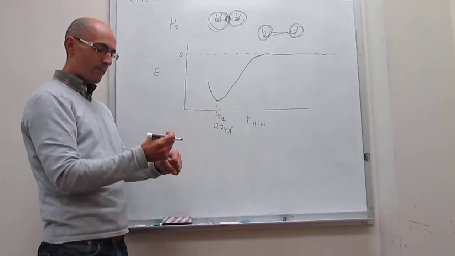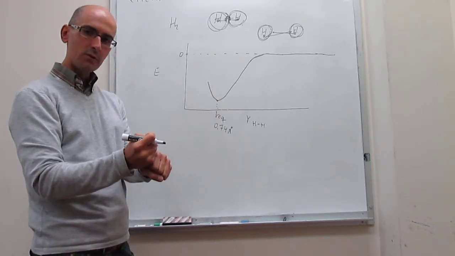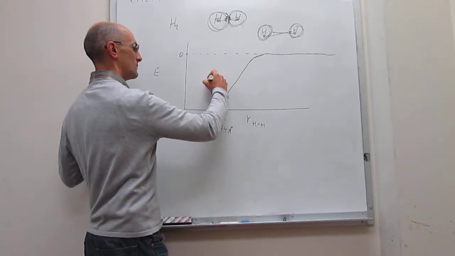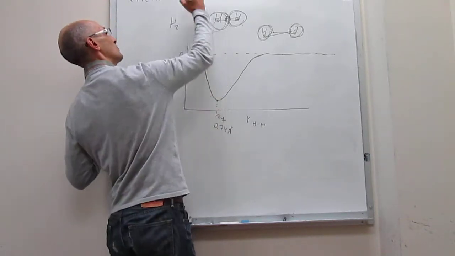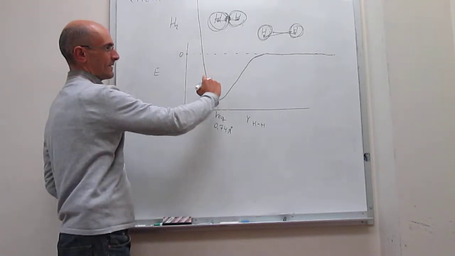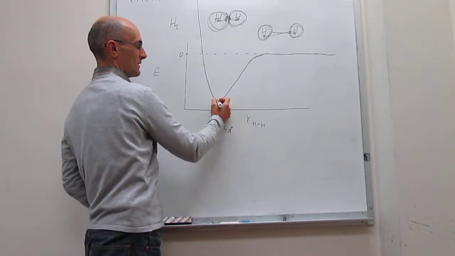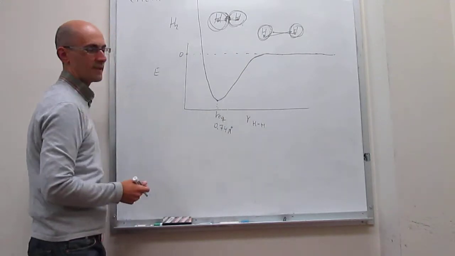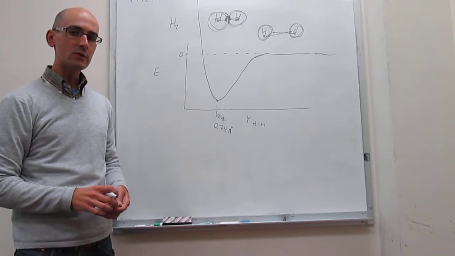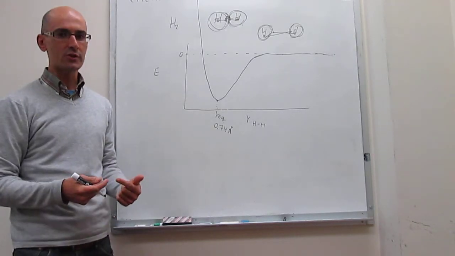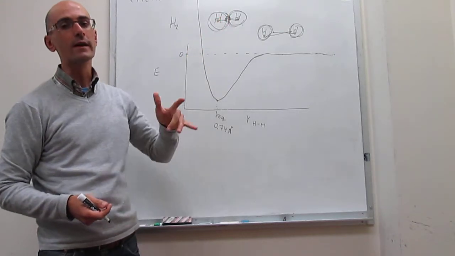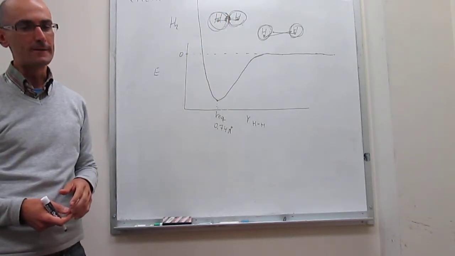And if you have them become very, very close to each other, it's quite possible that you will get a situation in which there's repulsion. So this is what we call a diatomic energy curve, and you can see how the formation of a covalent bond takes place. Again, this formation of a covalent bond is simply due to the simultaneous attraction of the electrons involved in that bond by the nuclei of the atoms that are forming the bond.